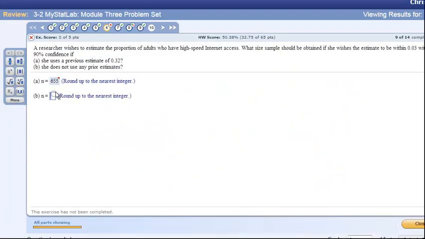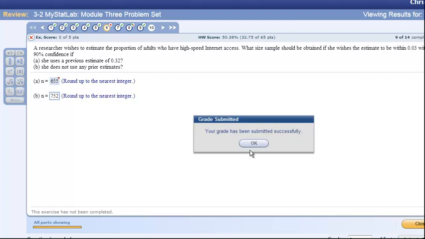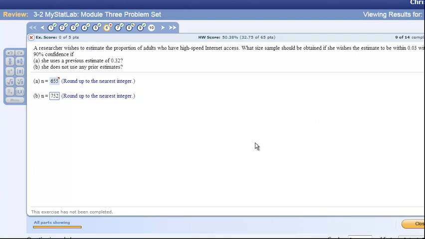Let's go ahead and check that. 752. It didn't work for me, but I'm pretty sure that's the answer, and it's not letting me submit it, but yep, that's the answer.